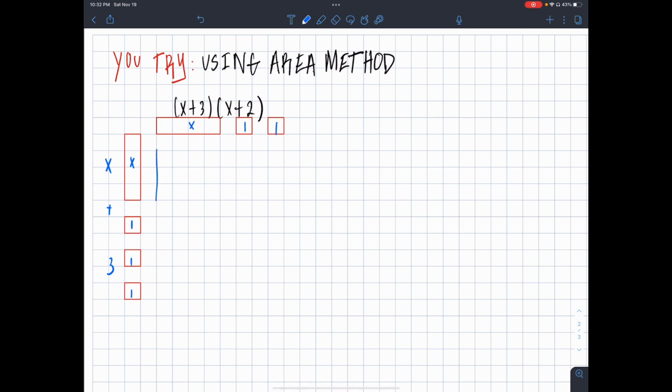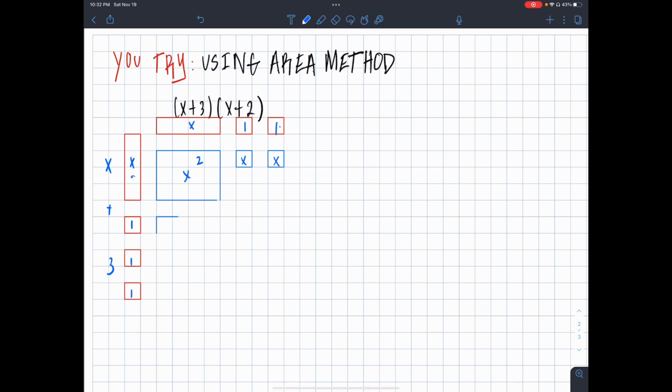I'm going to draw my boxes here. This is x squared. Gonna draw my other box right here. X times x, x. Gonna draw my other box. This is my other x because it's x times 1.